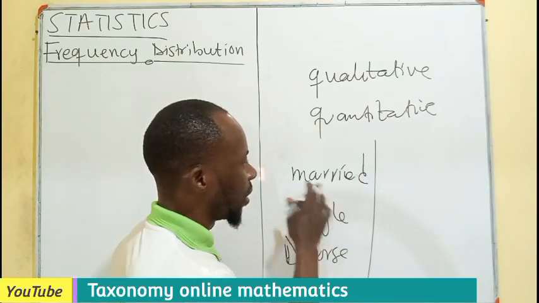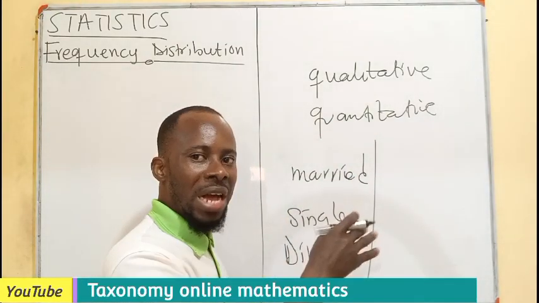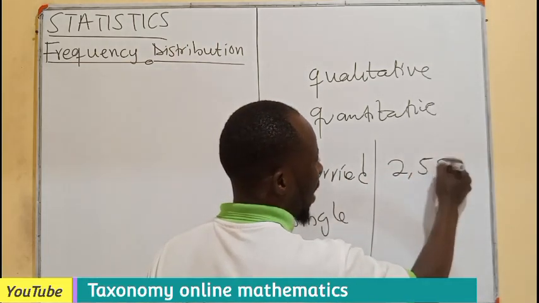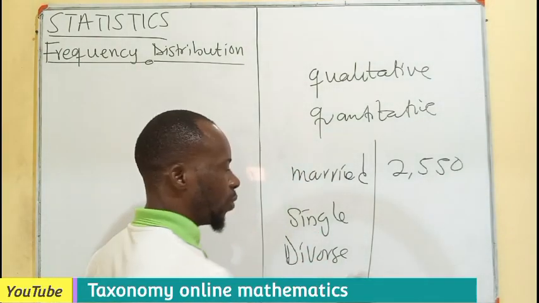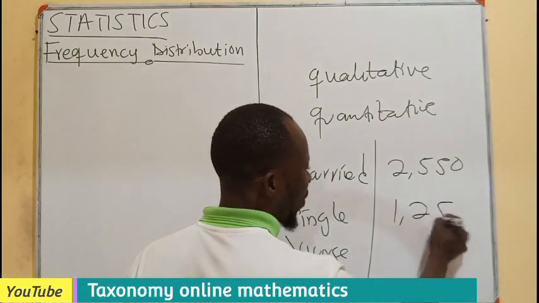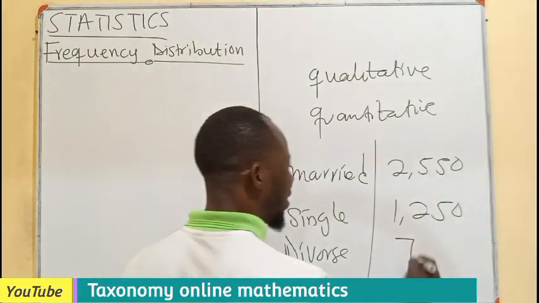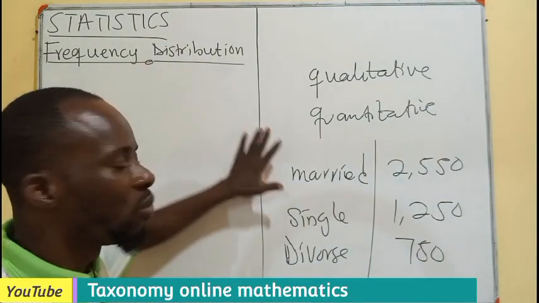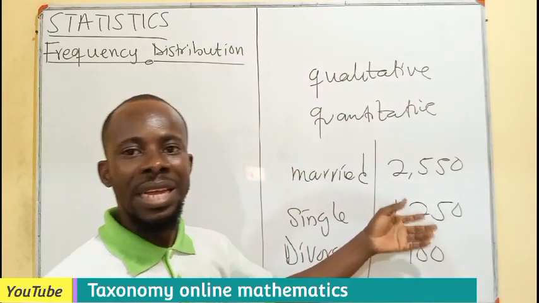So let's say in the year 2003, the population of Ghana has labeled married men to be 2,550, then the single men to be 1,250, then those who are divorced, let's say 750. So this is a frequency distribution for what we call qualitative data.